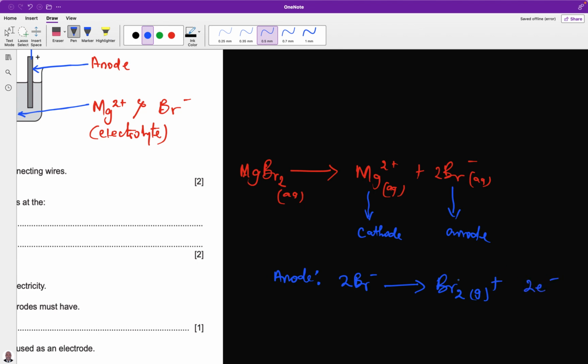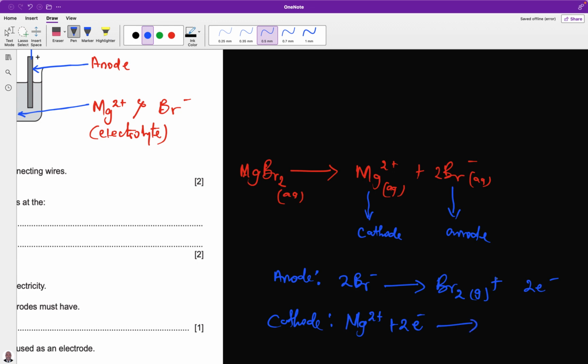That is how the bromine gas is produced. Then at the cathode, there is reduction: Mg2+ gains electrons.